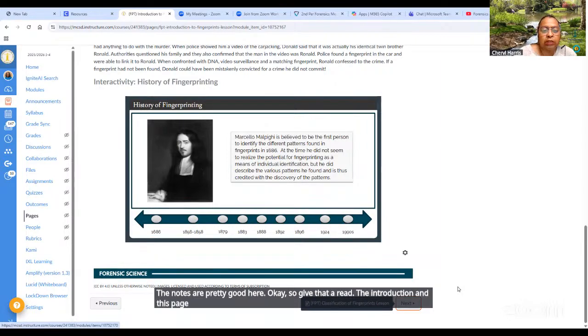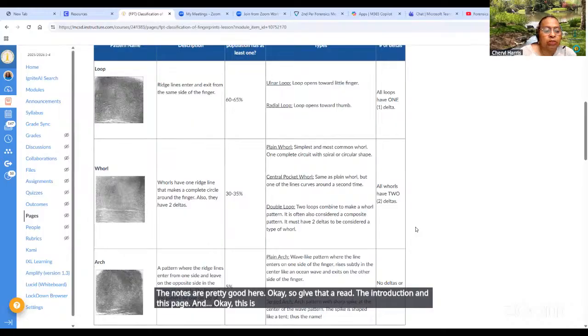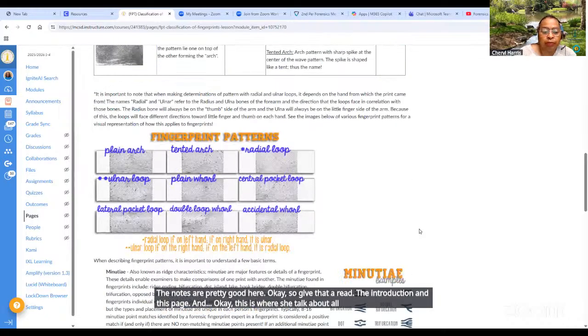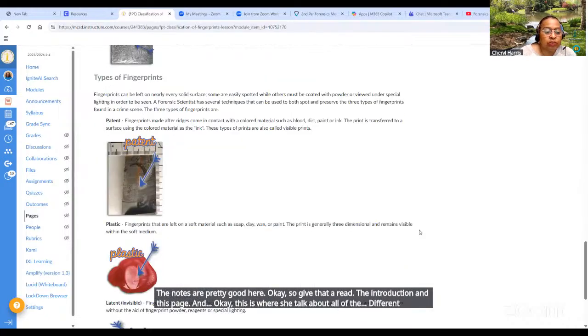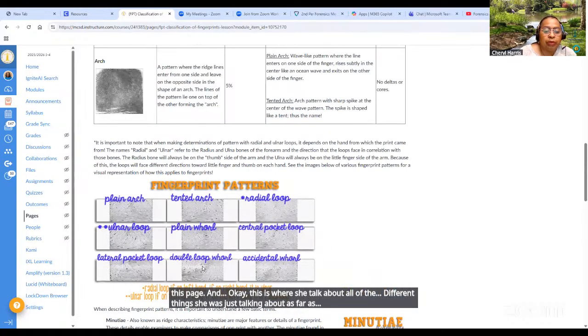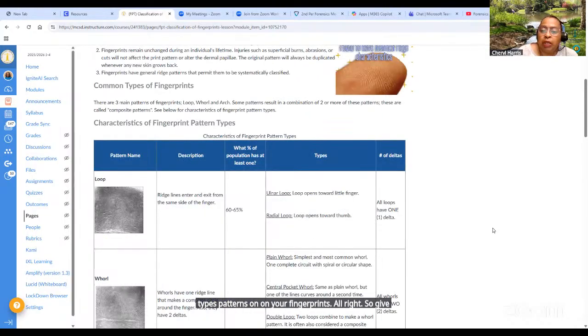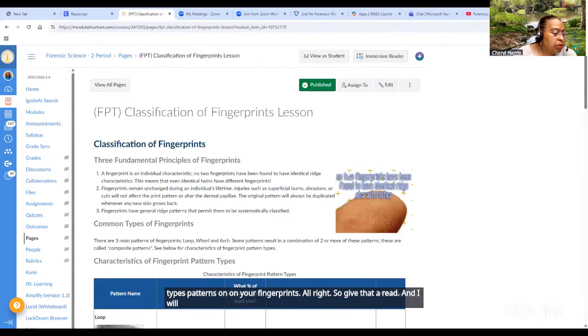Okay, this is where she talks about all of the different things she was just talking about as far as type patterns on your fingerprints. All right, so give that a read, and I will be right back because I'm going to do attendance.